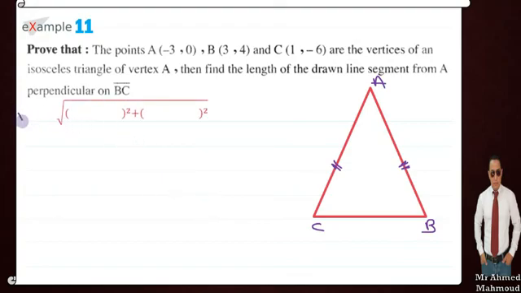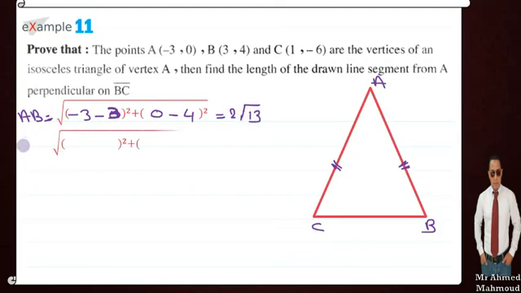AB equals the square root of (negative 3 minus 3) all power of 2, x1 negative 3, x2 3, and (0 minus 4) power of 2, it's equal to root 13.